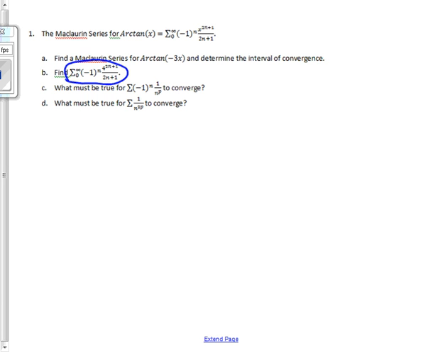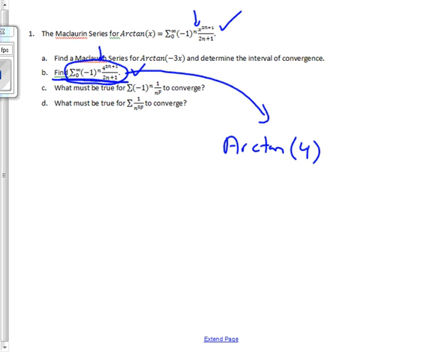However, what we recognize is it's of this form. The only difference is that instead of having our x, we've replaced x with 4. So this is the series expression for arctan of not x, but 4. So when it says find this or evaluate this, that is the answer. That's the solution, or the evaluation of that series.